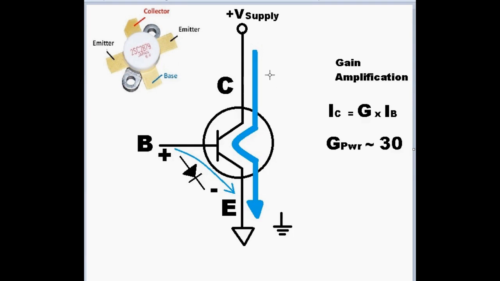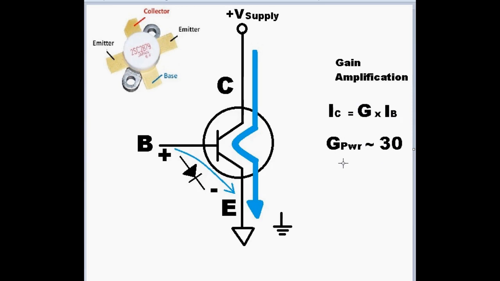The current flowing in the main collector path is many times larger than the original starting current, or the control current from base to emitter. And so that's expressed here, that the current in the collector is a gain, a multiplier, G, times the original base current, and that gain in power gain is approximately 30 times bigger in power gain.